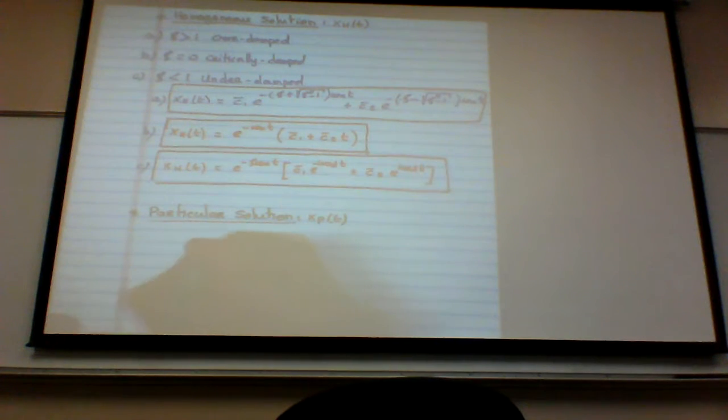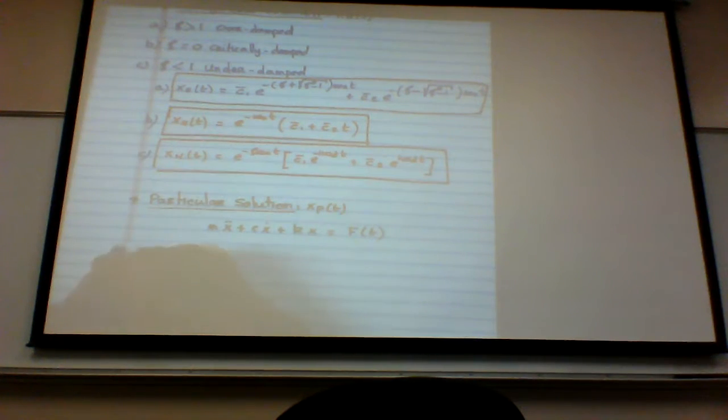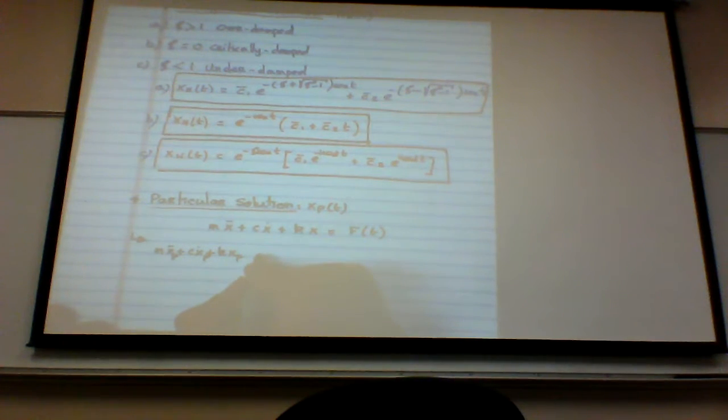Okay, so remember the equations we have. We need to solve the equation m x double dot plus c x dot plus k x is equal to f of t. In our case, this becomes m x double dot plus c x dot plus k x, with x sub p, x dot sub p, x double dot sub p, equal to what?